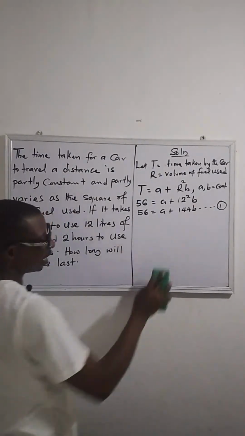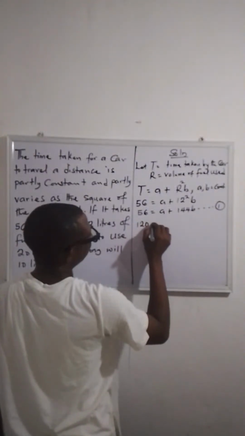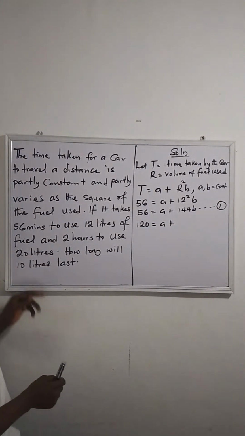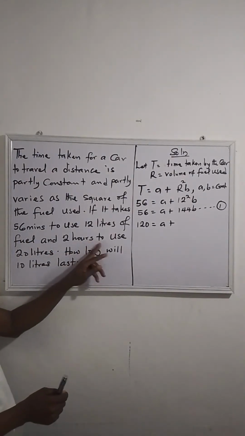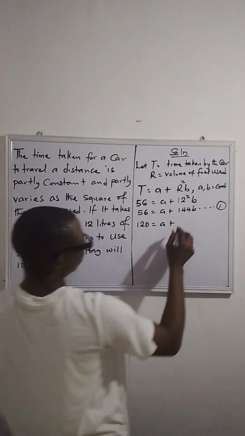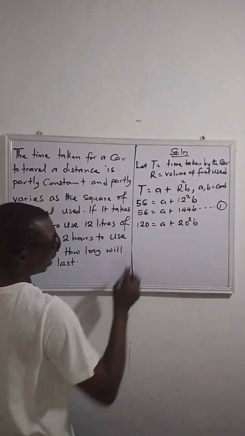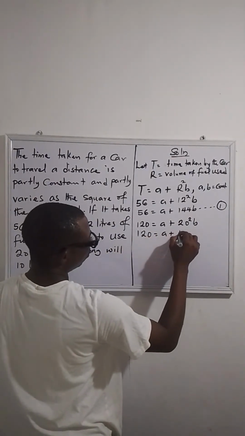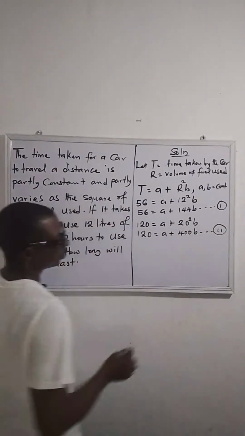That means the time is going to be 120. So 120 equals A plus, and the volume used is 20 liters, so we have 20 squared times B. That is 120 equals A plus 400B. We call this equation 2.